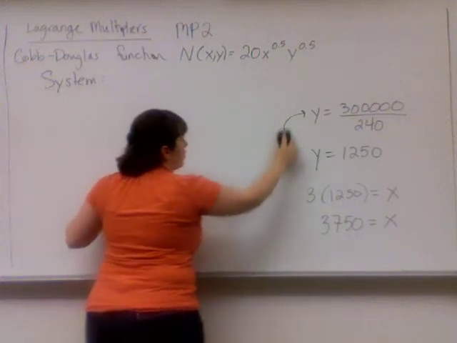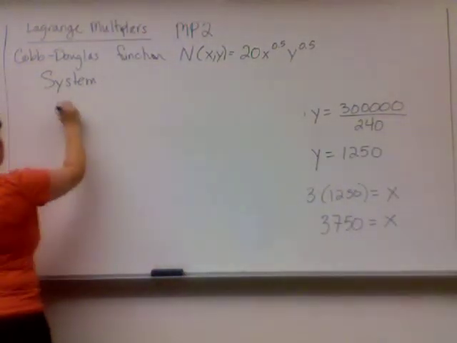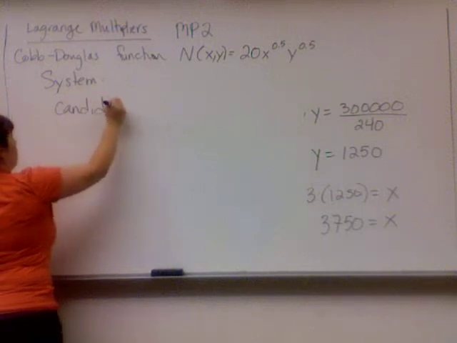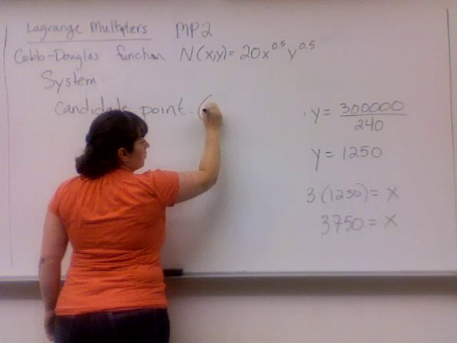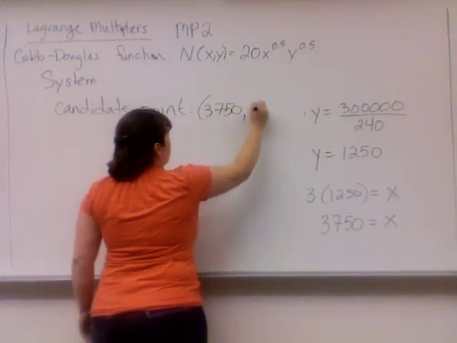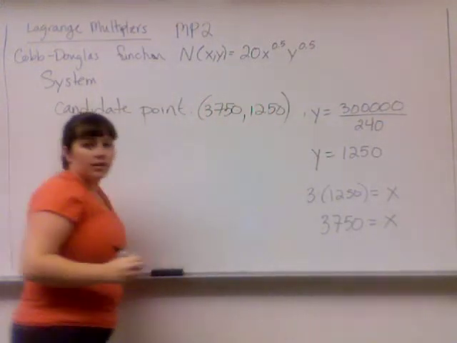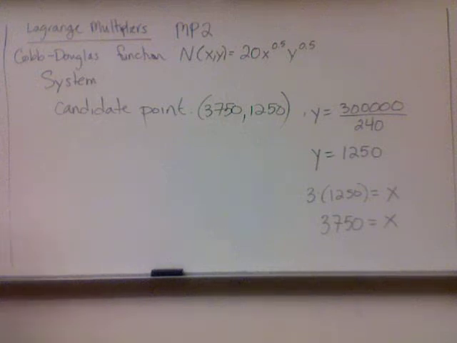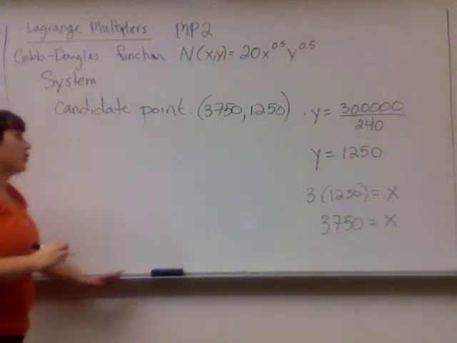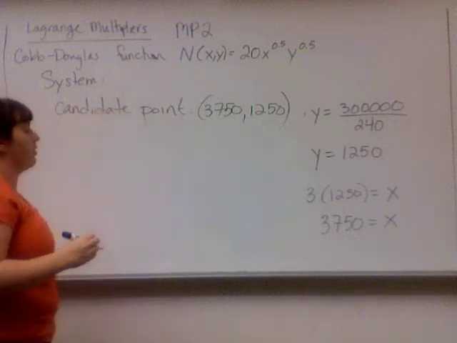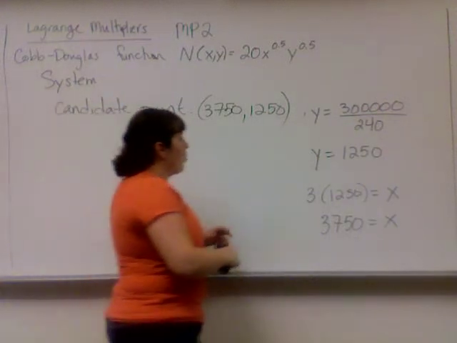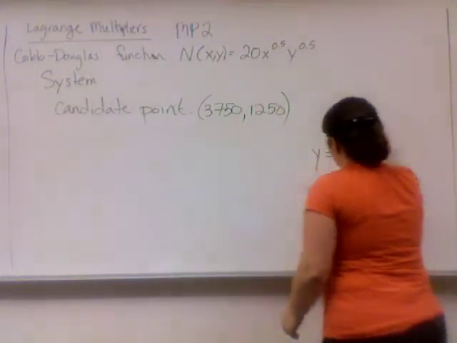And since we only arrived at one candidate point, we can assume that's the one that is going to maximize the production of whatever it is we're making, right? It's going to maximize the production function. And so if they ask you, what is this maximum production?